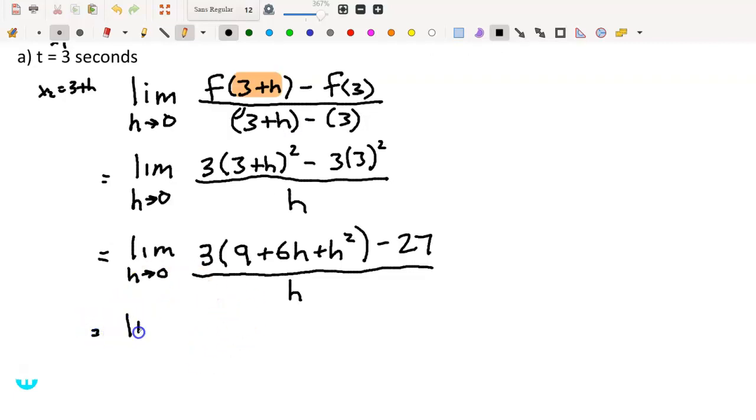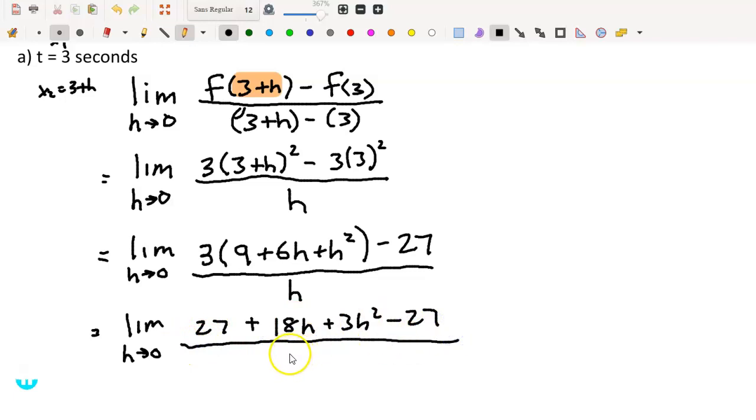All right, keep on going down. We got 27 plus 18h plus 3h squared minus 27. So once again, the front and back are canceling.